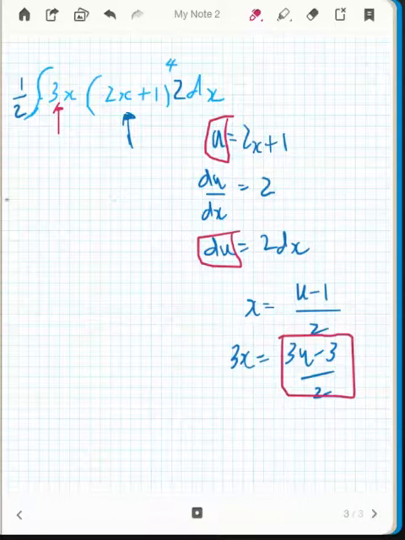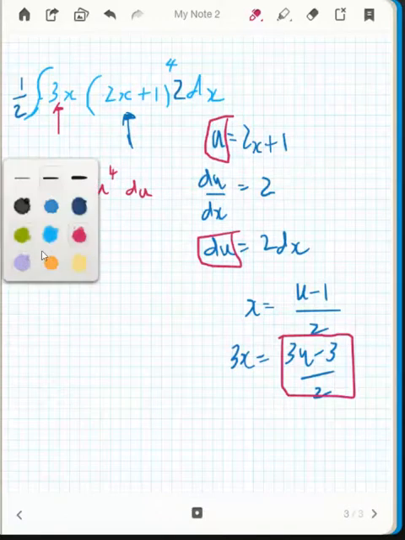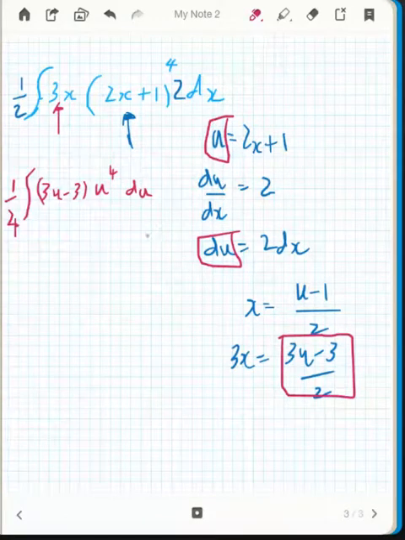So it's going to equal a half integral of 3u minus 3 times u to the power of 4 du. Now I've got a half there, but I'm going to bring that out the front and make out the front 1/4. So I've replaced 3x with 3u minus 3 over 2. I've replaced 2x plus 1 with u, and I've replaced 2 dx with du.